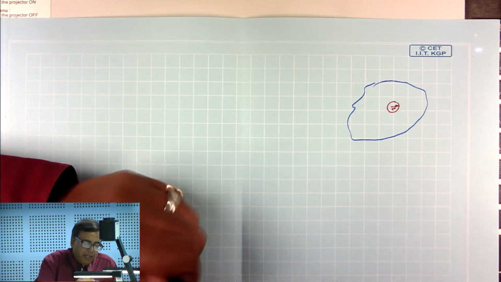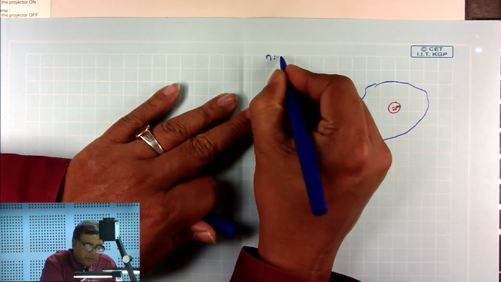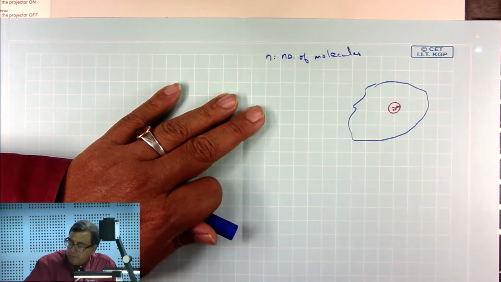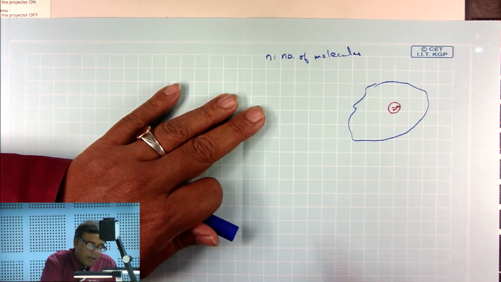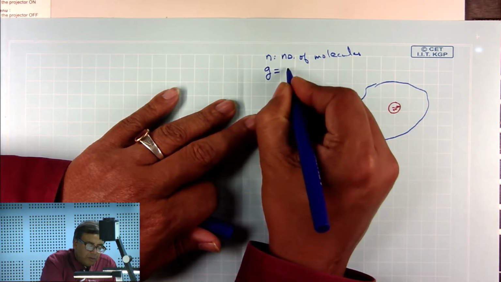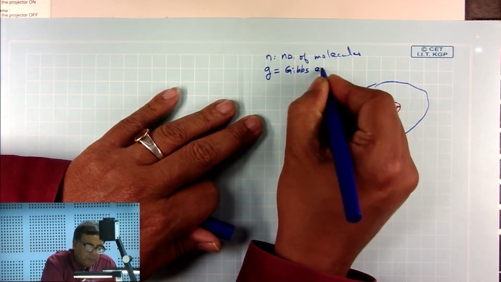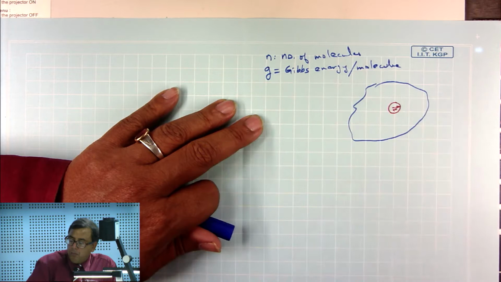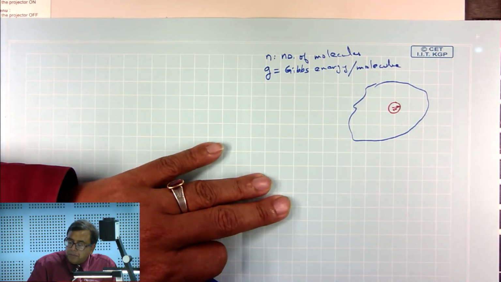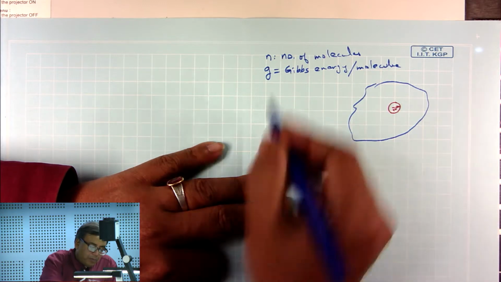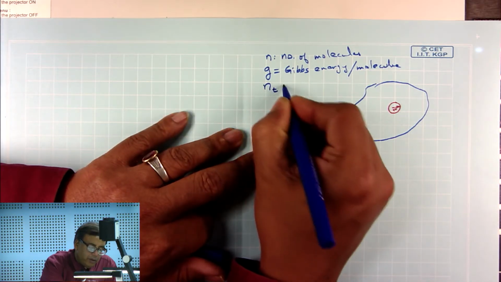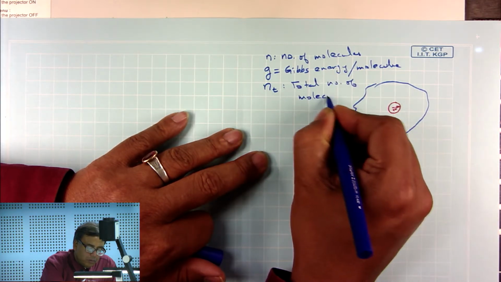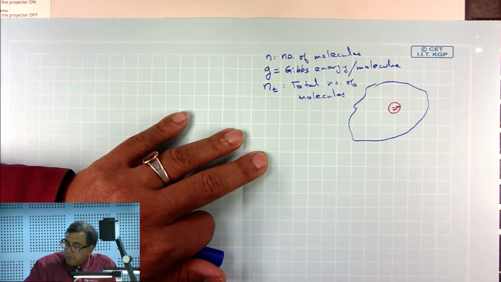So, let us say Nt is the total number of molecules in the system, and then we write small g as the Gibbs energy per molecule.